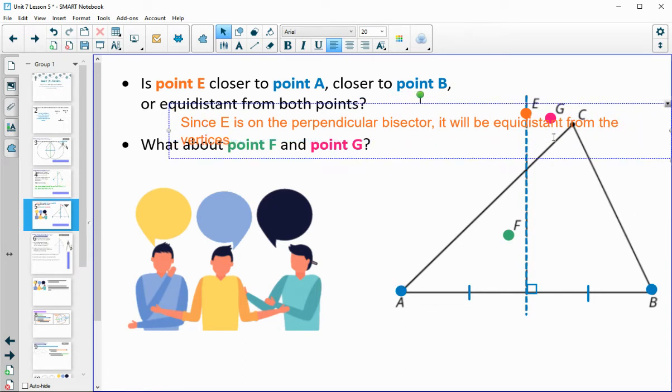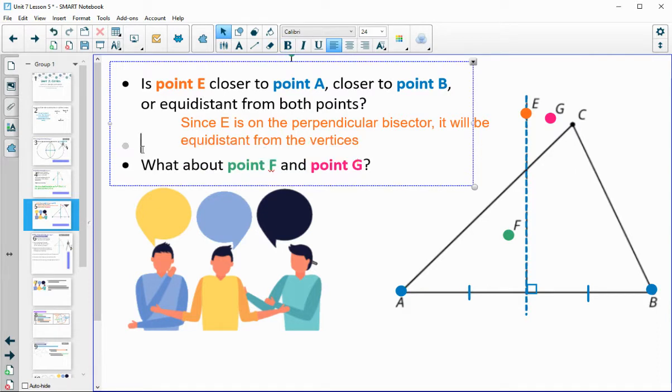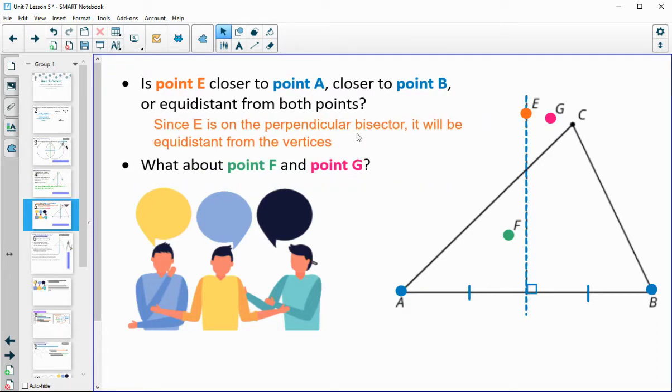If we were talking about E to C versus B, that wouldn't be the case. But since A and B are the endpoints of that perpendicular bisector segment, E is equidistant from A and B.